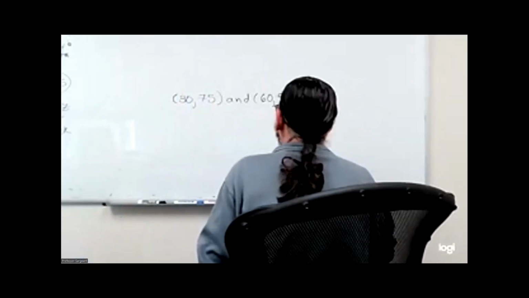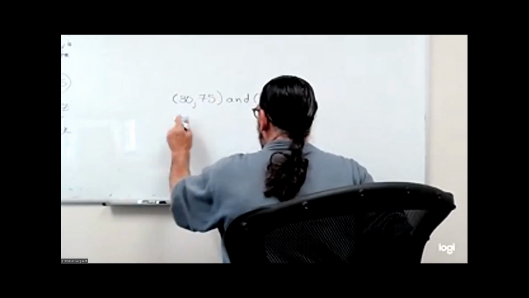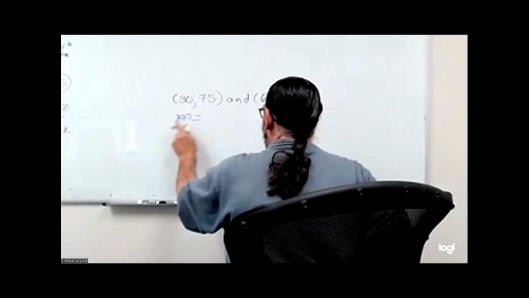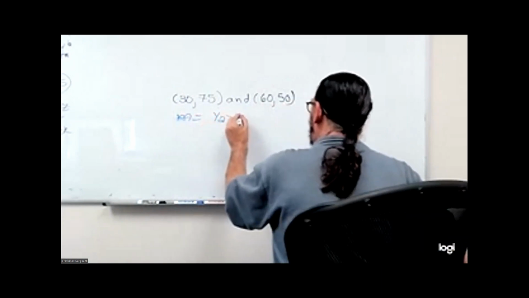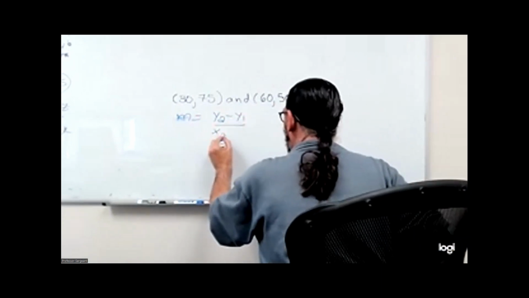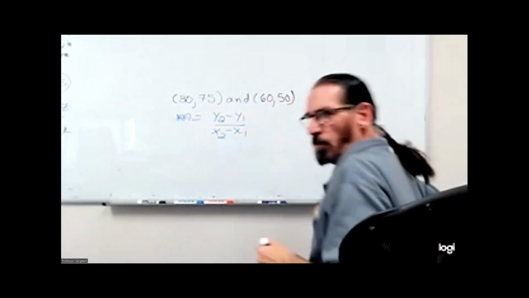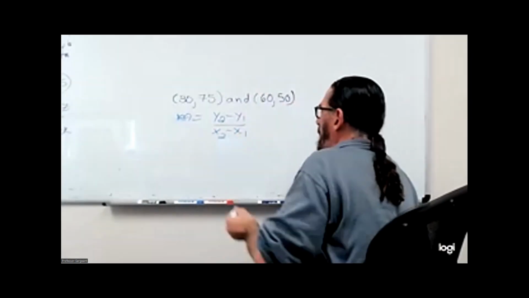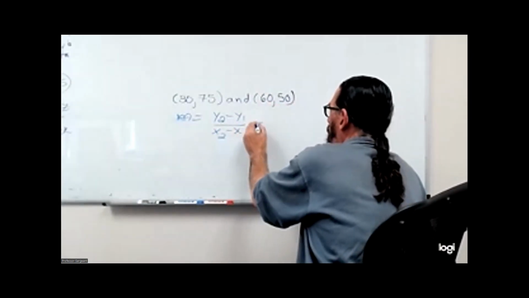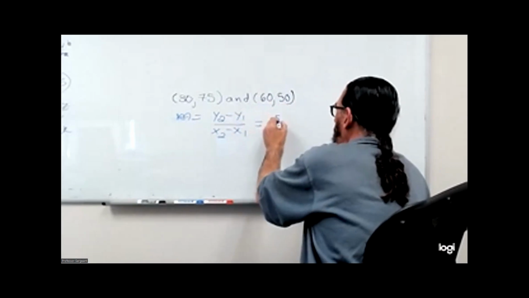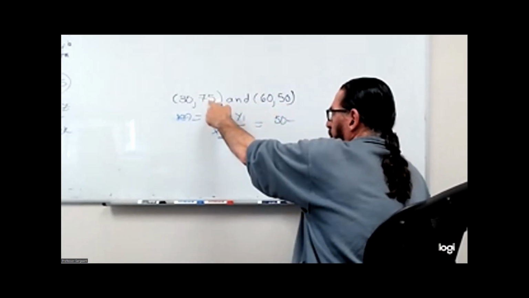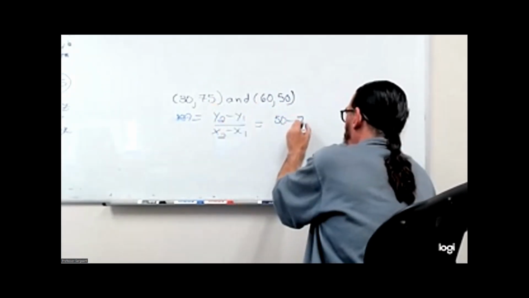So y2 minus y1 all over x2 minus x1. Which one you call the first and second point doesn't matter. I'll call this the second point. The y-coordinate is 50. So subtract from that the first y-coordinate, 75.